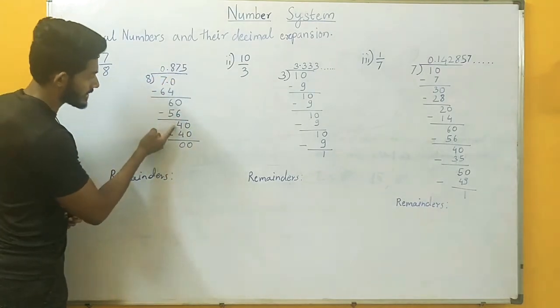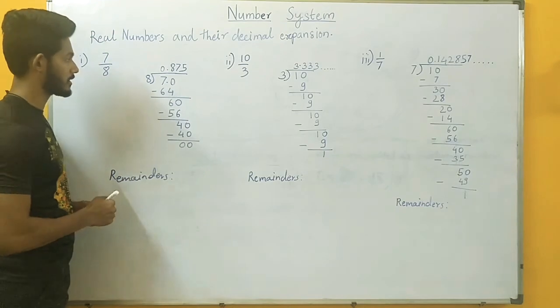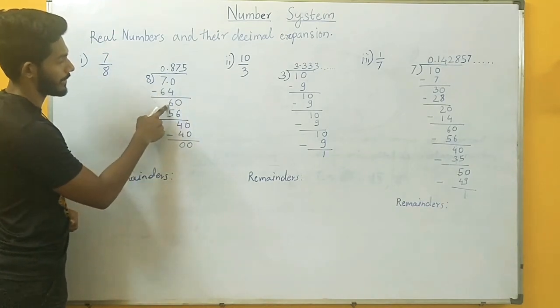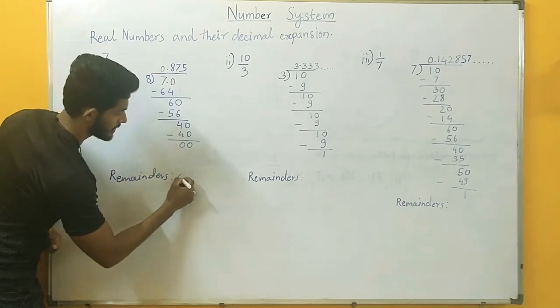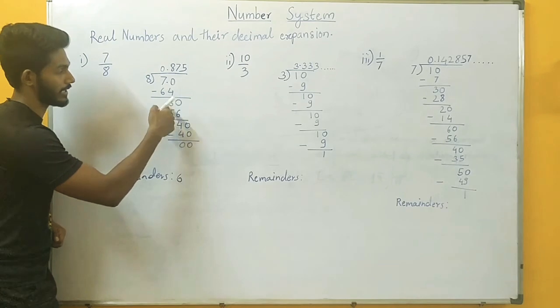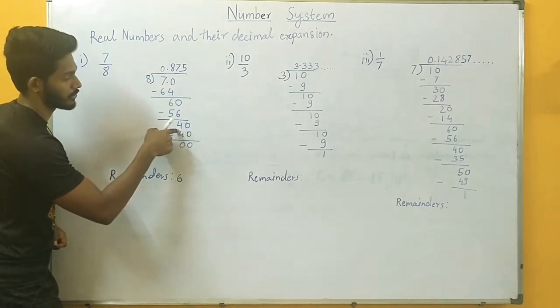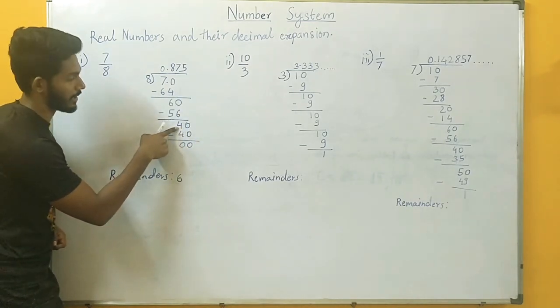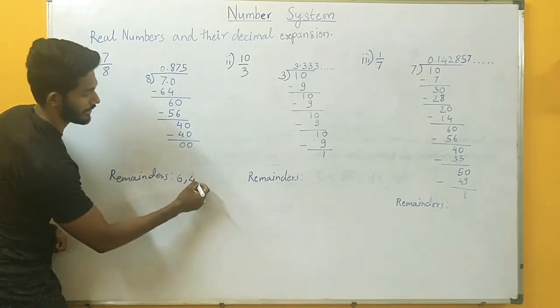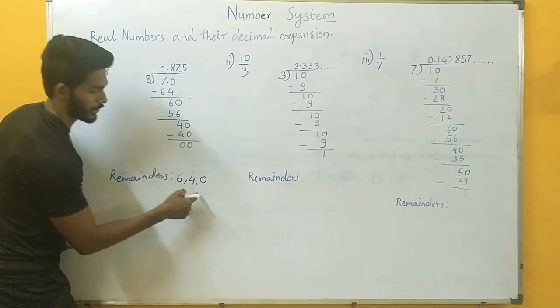So at each step I am getting remainders. For example, over here, after dividing this number, I am getting remainder as 6. Then we are going to divide 6 by 8, that's why we take 0 and then we proceed. So then next time I get a remainder as 4 and finally I get remainder as 0.